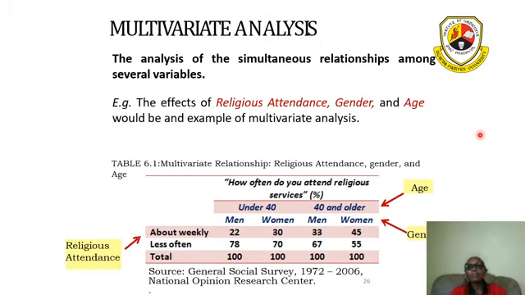Then we come to the multivariate analysis, where you have more than two variables that you are looking at. So we go back to the religion and attendance research, where you looked at those who were under 40, the men, how many attended church, and the women who attended church.